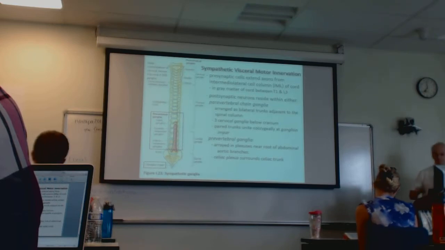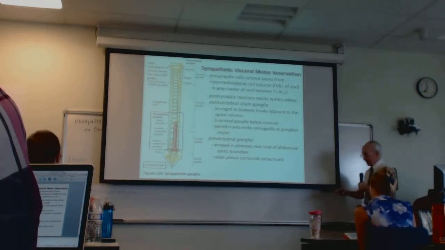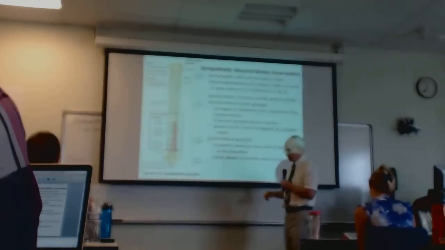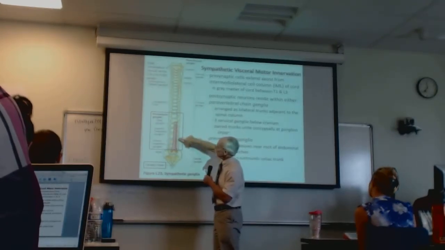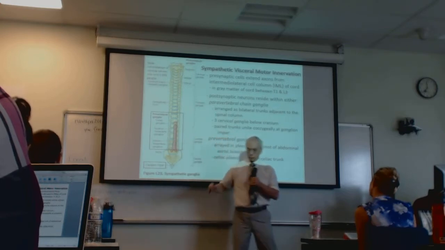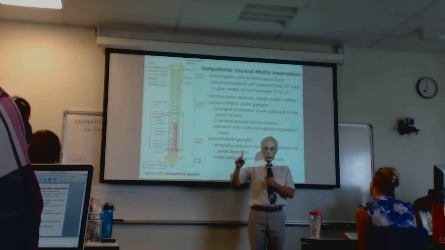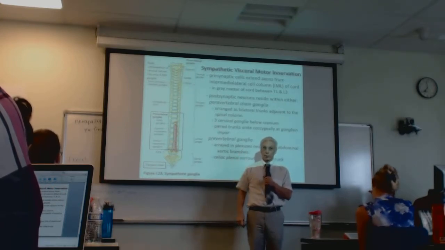So the ANS consists of two divisions, the sympathetic and parasympathetic. This is the sympathetic. These are the sympathetic chain ganglia that we're looking at right here. Does everybody understand why we call the sympathetic the thoracolumbar?